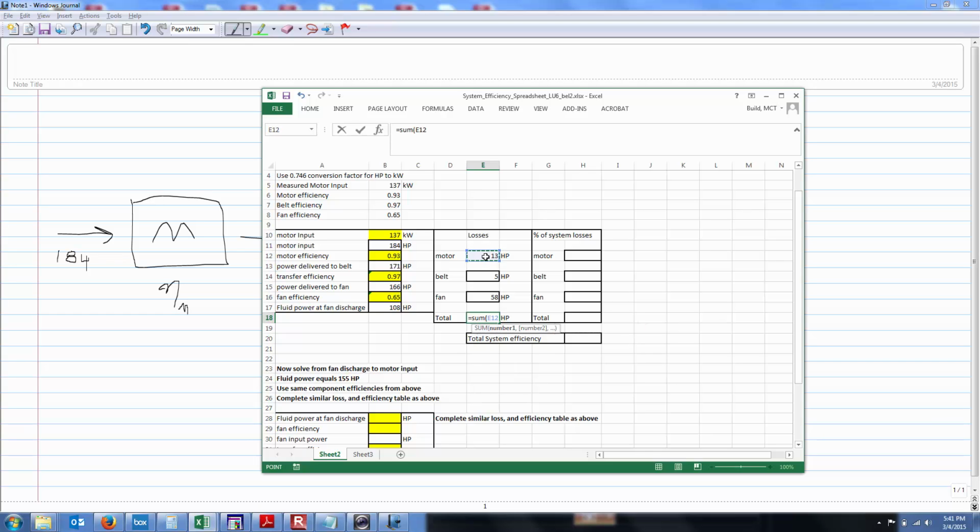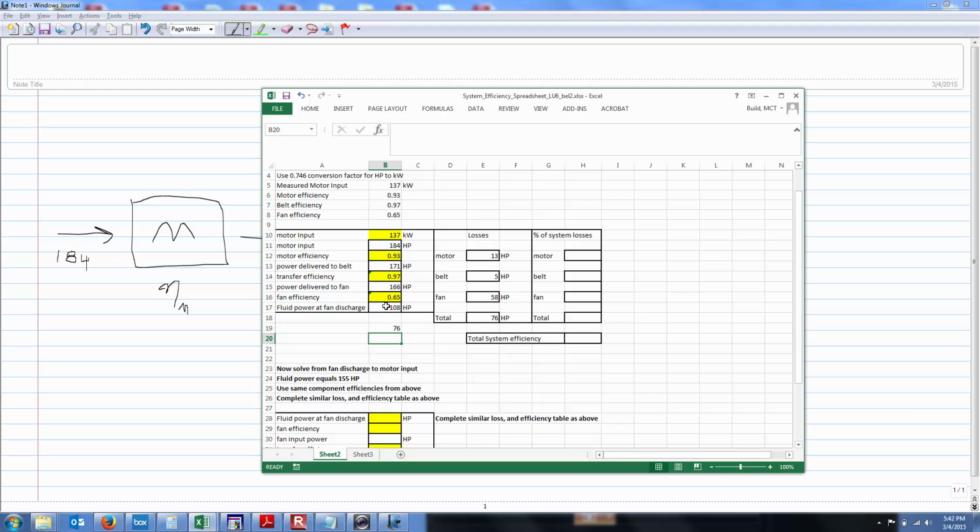So the total horsepower lost equals the sum of each of the losses. Close parentheses. And you can double check that over here and just say equals that minus that.